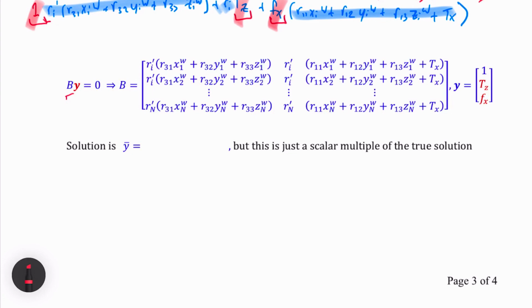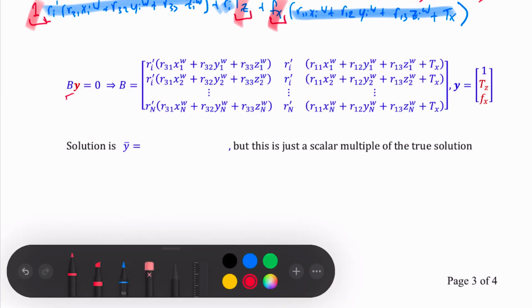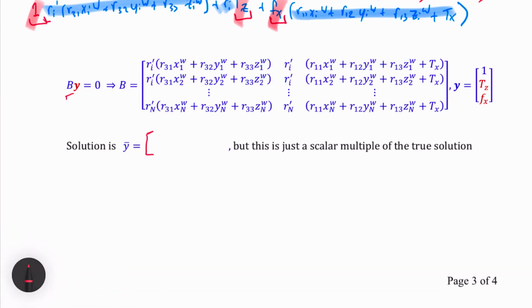And when we solve it, we're not going to get the direct answer. Remember, we're going to get a y bar, which is equal to a k, but we'll call it k2, times 1, tz, fx. So this is just a scalar multiple of the true solution. That's not too hard to do. Let's go ahead and write that out. So y bar 1 is equal to k2, y bar 2 is equal to k2 tz, and y bar 3 is equal to k2 times fx.